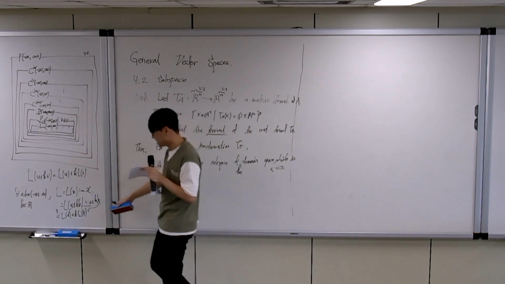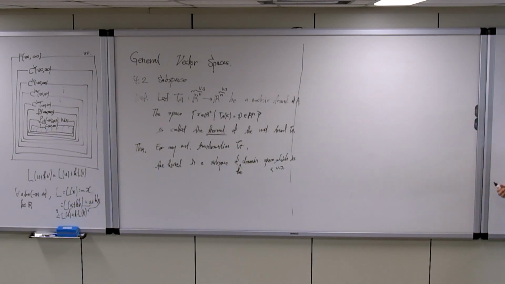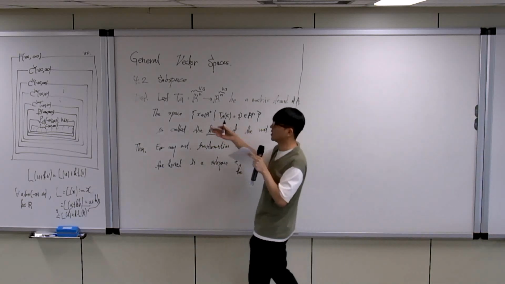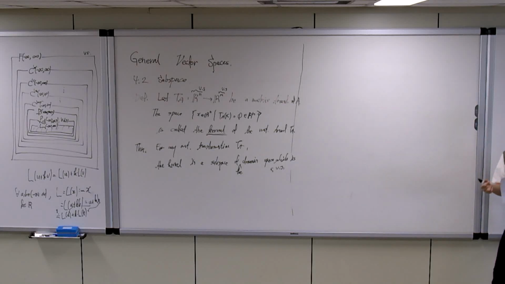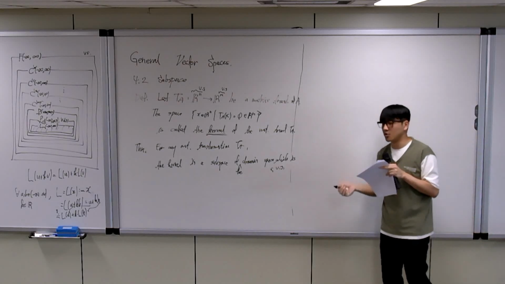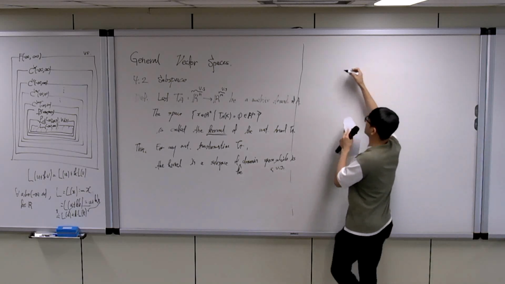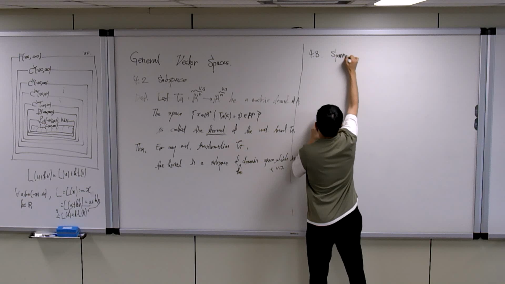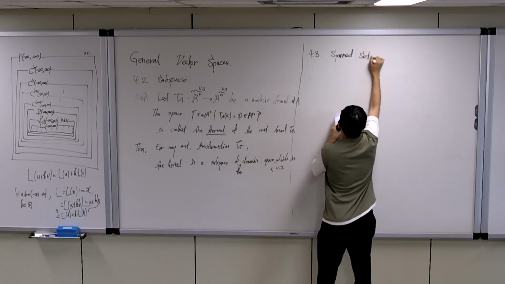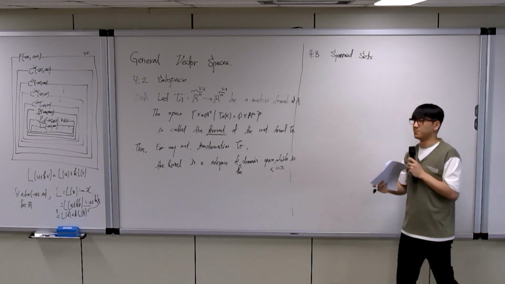And so when we learn the subspace, we might have some questions. What is the smallest subspace, and if you give a subset S of V, then what is the smallest subspace including the subset S of V? In this section, I will answer the question. Of course, if you consider the smallest set, then you might consider the zero space.